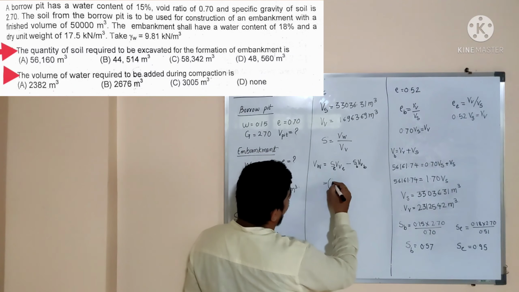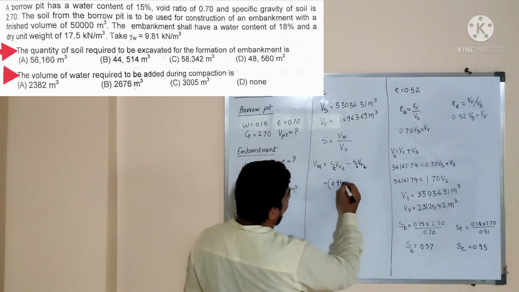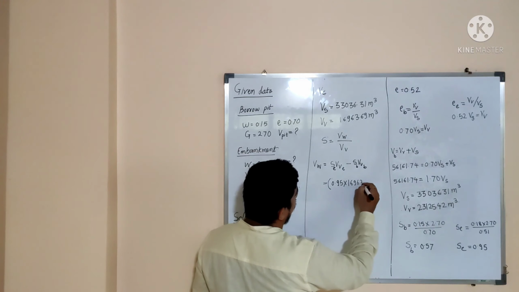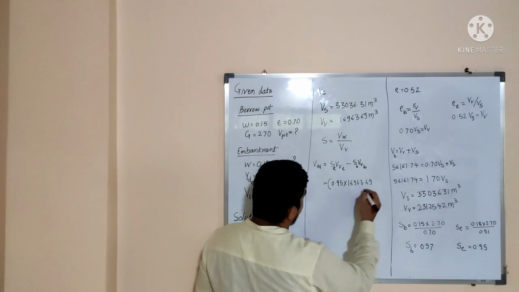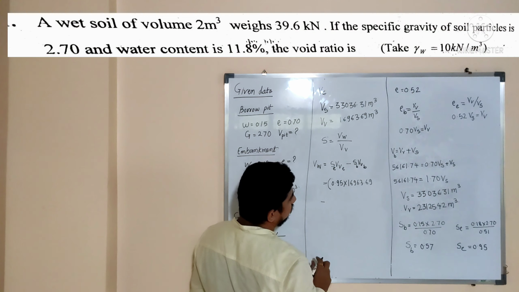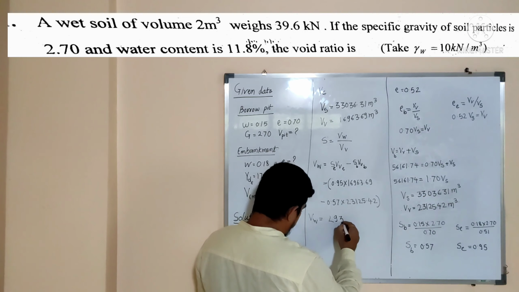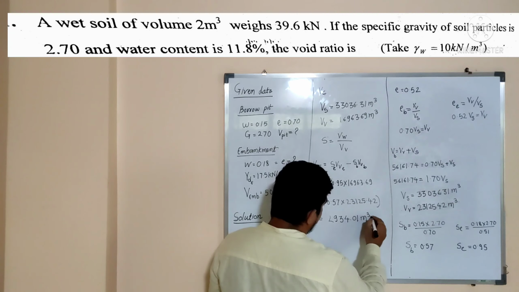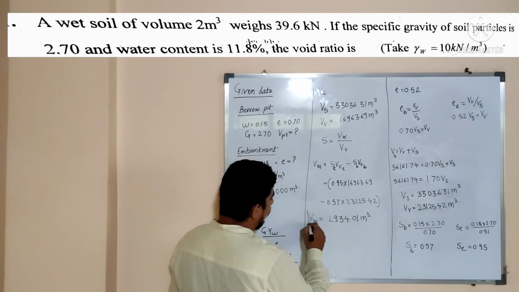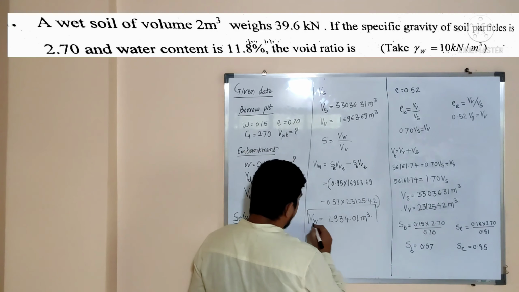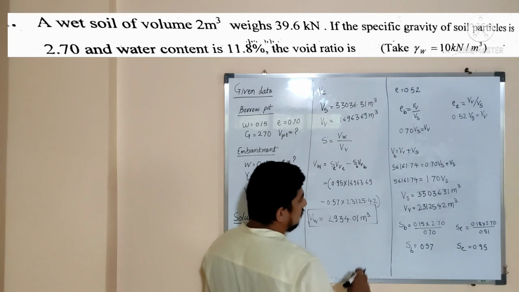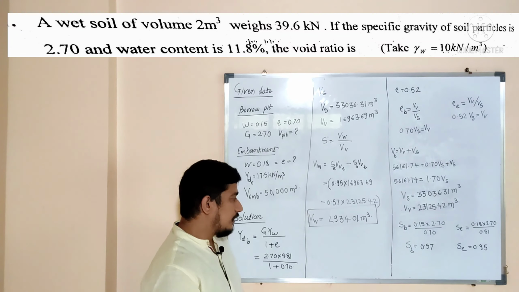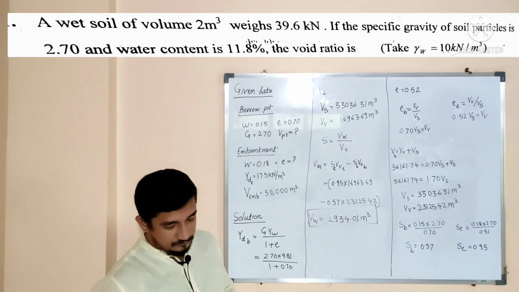So 0.95 multiplied by 16,963.69 minus the borrow pit term, which gives 2,934.01 meter cube. Okay, so this amount of water needs to be added to achieve that certain degree of compaction.